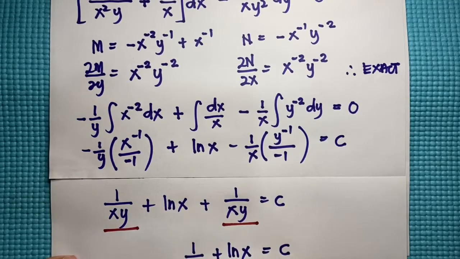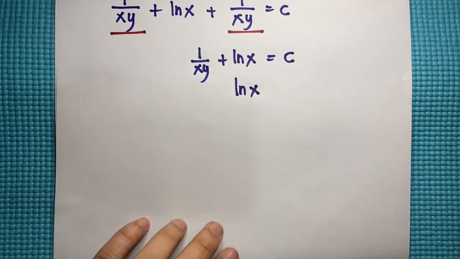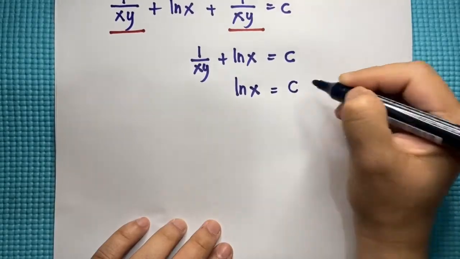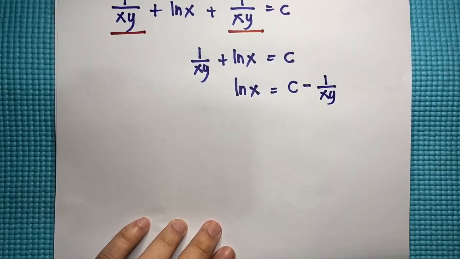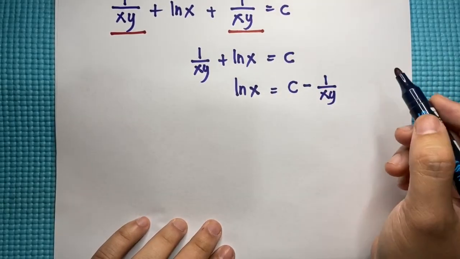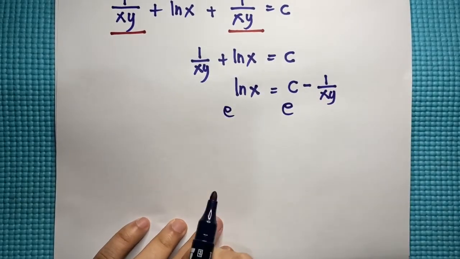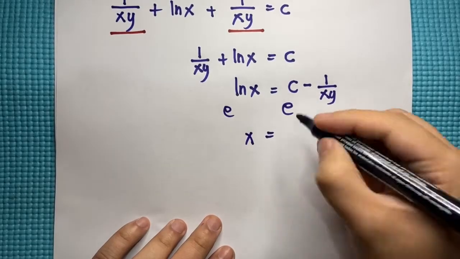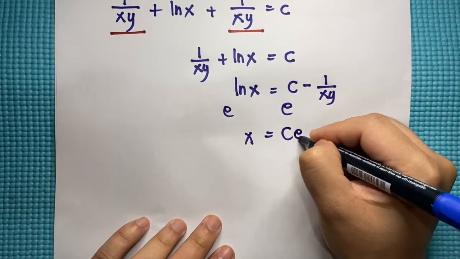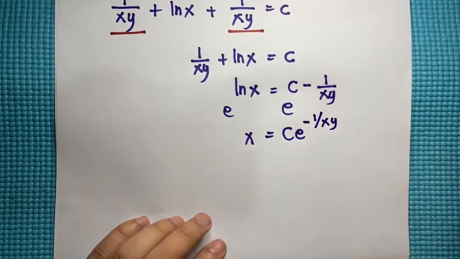So if you want to remove the natural logarithm, ln x would then be equal to c minus 1 over xy, and taking the exponential function of both sides, we get x equal to c e raised to negative 1 over xy.